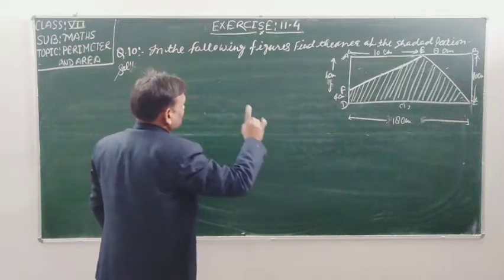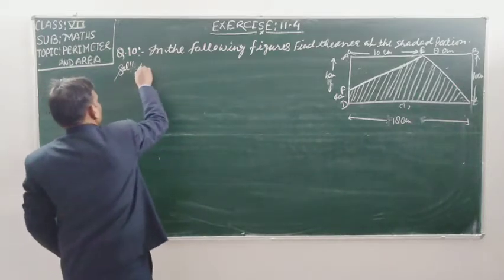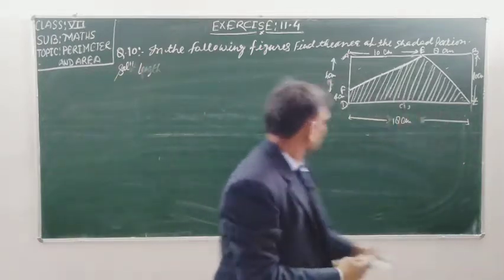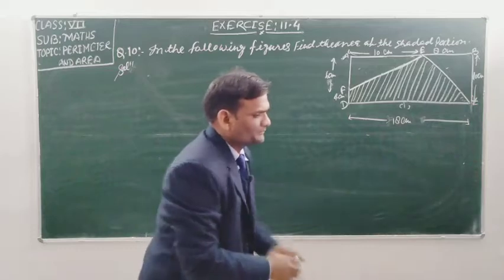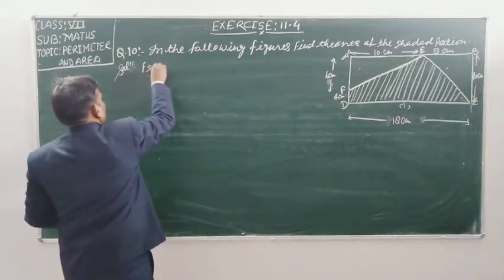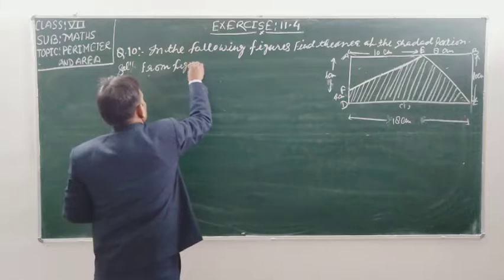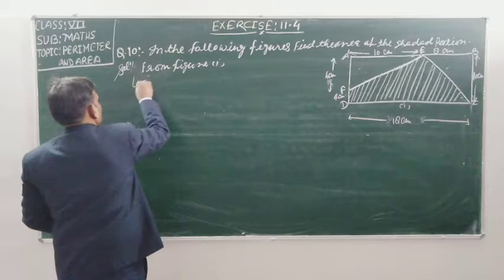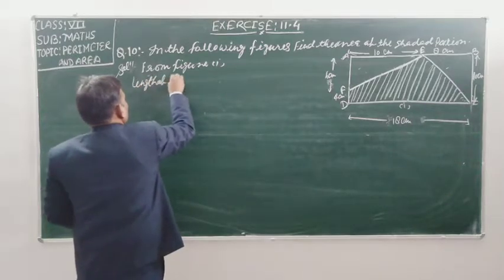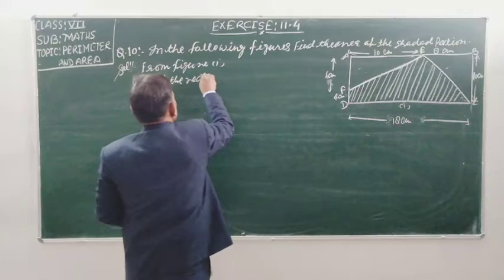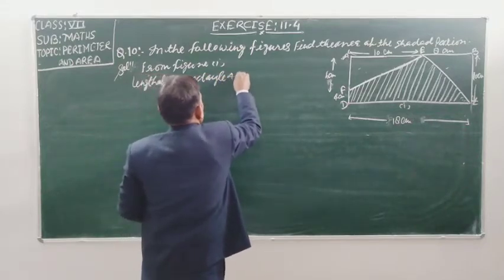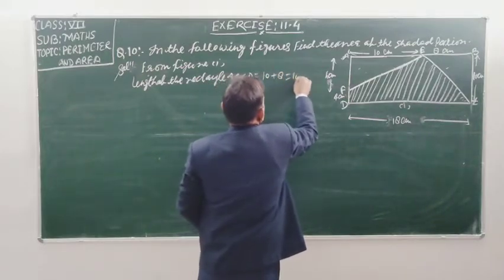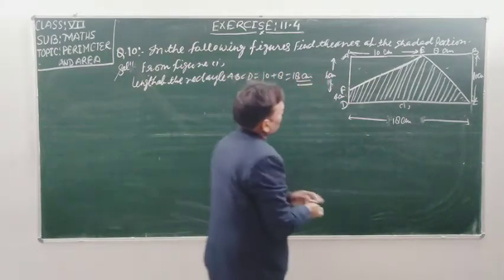From the figure, the length of the rectangle ABCD is equal to 10 plus 8, which is 18 centimeter.